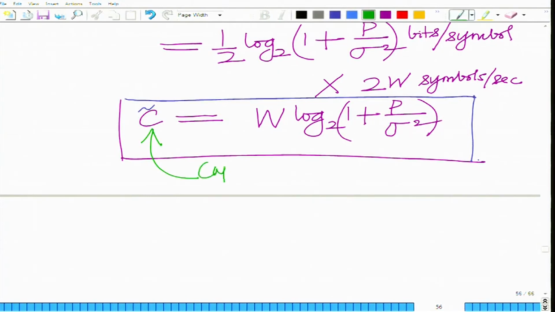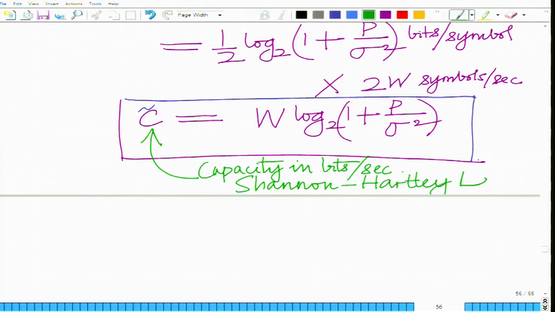Previously we had capacity in bits per channel use. Needless to say, this is also known as the Shannon-Hartley law. Shannon, as we already described, is the father of information theory, from whose fundamental works all these results regarding capacity of various channels follow.